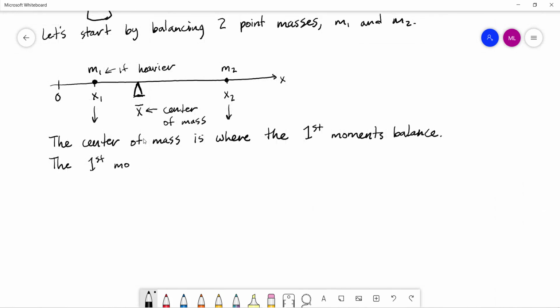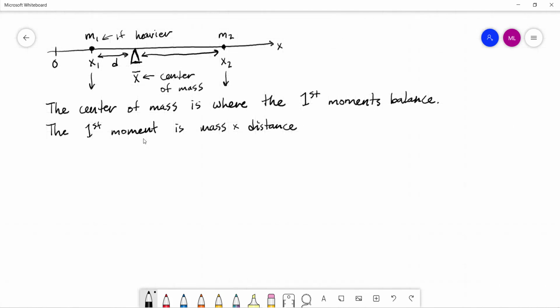But the first moment is simply mass times this distance, where the distance is the distance between the point and the center of mass, if you want to think about it. In this case, what we're going for is we want m1 times, I'll call this one d1 and this other one d2.